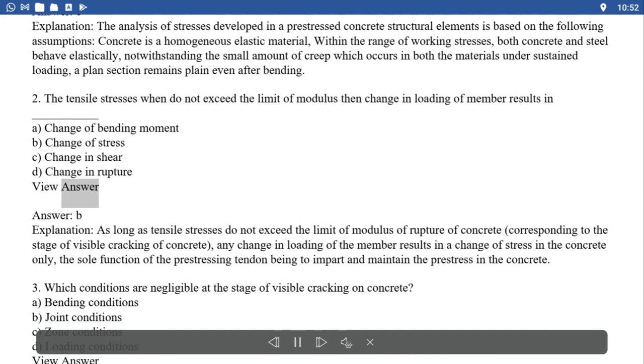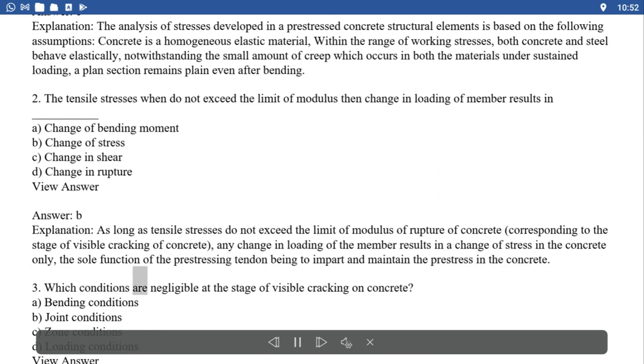Your answer. Answer B. Explanation. As long as tensile stresses do not exceed the limit of modulus of rupture of concrete, corresponding to the stage of visible cracking of concrete, any change in loading of the member results in a change of stress in the concrete only, the sole function of the pre-stressing tendon being to impart and maintain the pre-stress in the concrete.